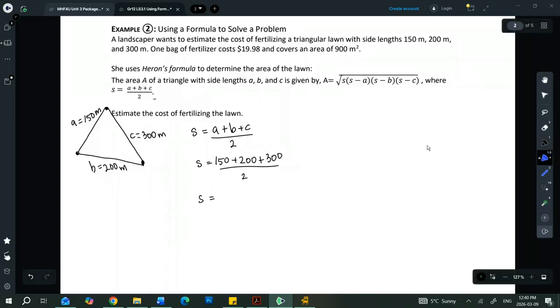Figure out what that is. If you put this all into your calculator at once, just remember that there's brackets on top. Or you could do two separate calculations, obviously. What'd you get?